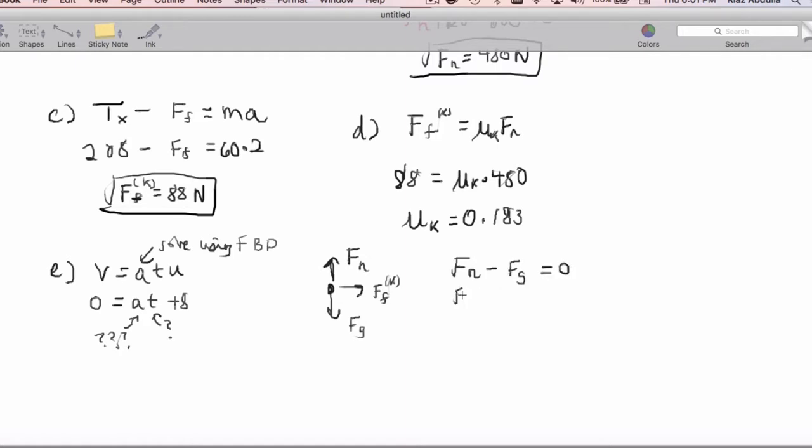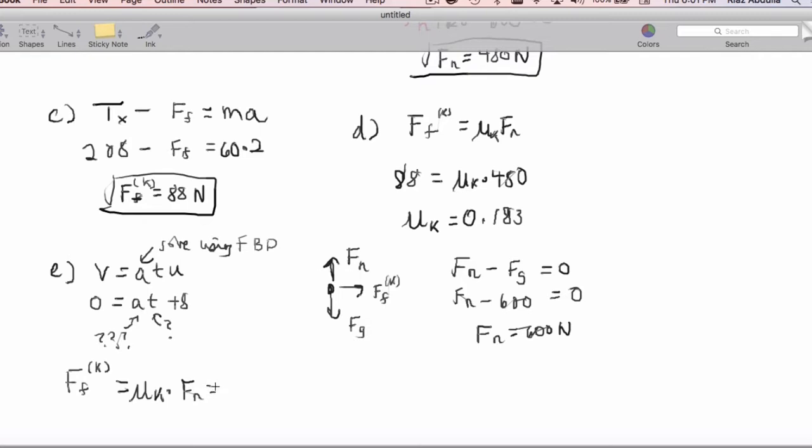So that's Fn minus 600 equals 0. So Fn is going to just end up being 600 newtons. Now let's get the force of kinetic friction. So the kinetic friction force, Ffk, is going to be mu k times Fn.